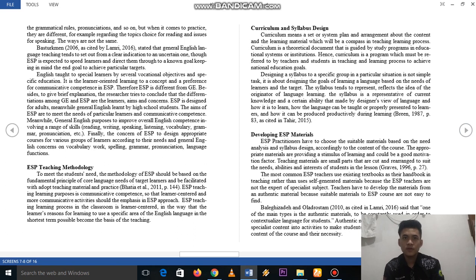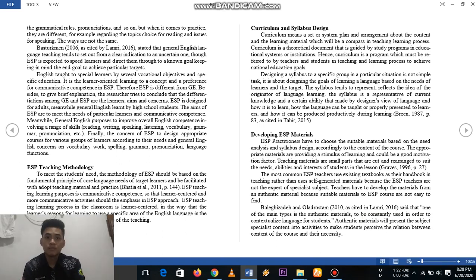Next part is curriculum and syllabus design. In this part, authors explain what a syllabus is and tell the readers that designing a syllabus for a specific group in a particular situation is not a simple task. Next, developing ESP materials.